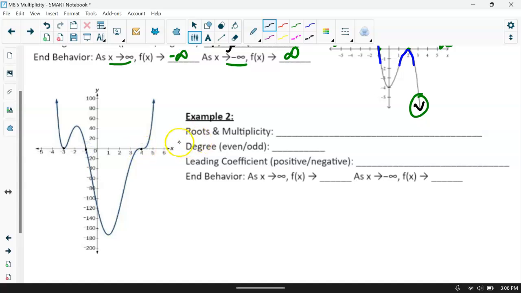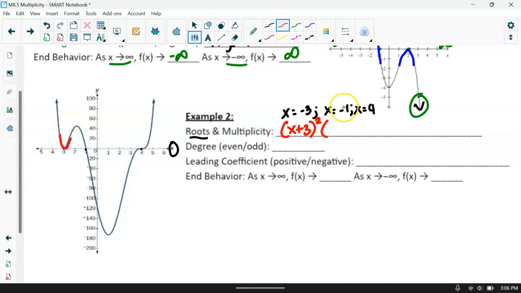That's our x-intercepts. So here we're at x is equal to -3, x is equal to -1, and x is equal to 4. However, we have to consider multiplicity, right? So here we go. At -3, so x plus 3, what is our multiplicity? 2, because notice it's a bounce.